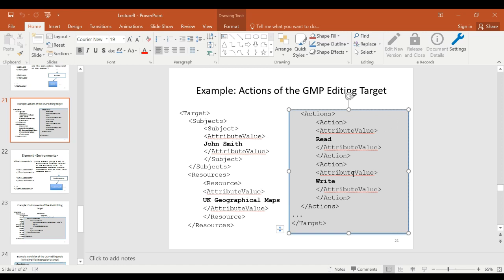Okay, so the first one is the read action, and the second one is the write action. Okay, so basically we're saying that this particular rule that we're writing now applies to those instances where John Smith is attempting to either read or write the folder or the file which is called UK Geographical Maps.